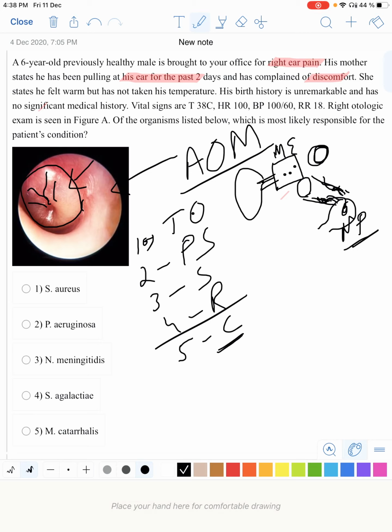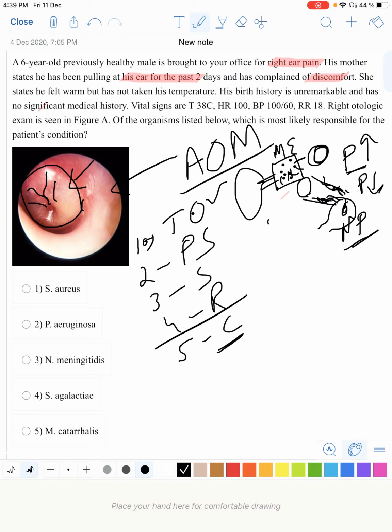So air starts to be trapped and the pressure initially increases. Then the air is absorbed by the mucosal lining of the middle ear, so the pressure starts to decrease.